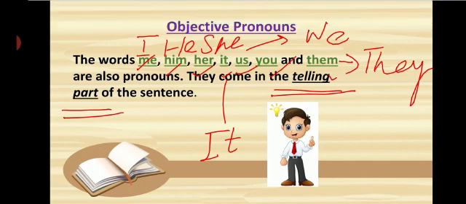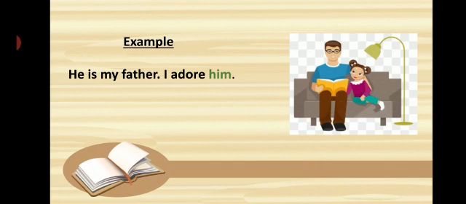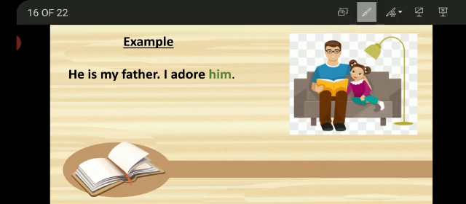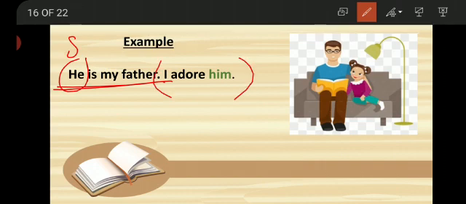Okay, student? Now, let's have a look at this example. He is my father. I adore him. Now, in the sentence He is my father, he is in the naming part of the sentence, so this is our subjective pronoun. Now look at this sentence: I adore him. So adore is the verb. I is here again the subject.